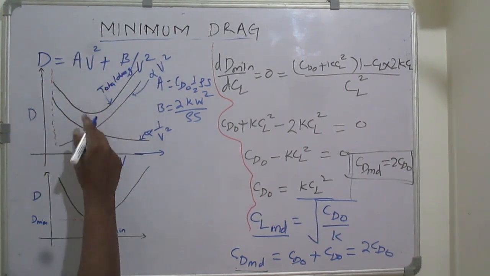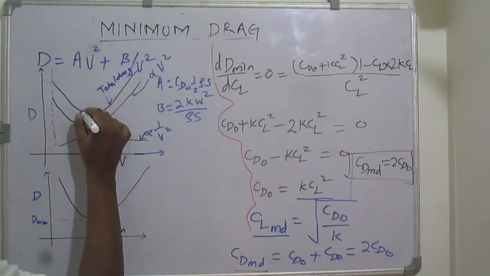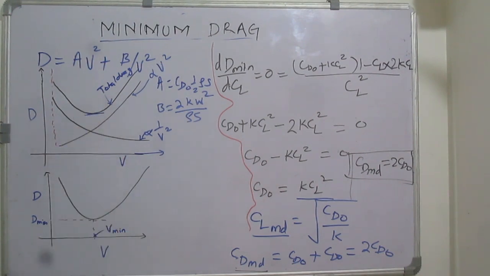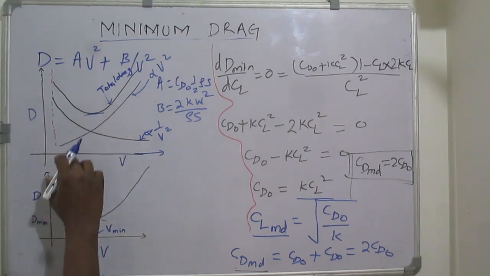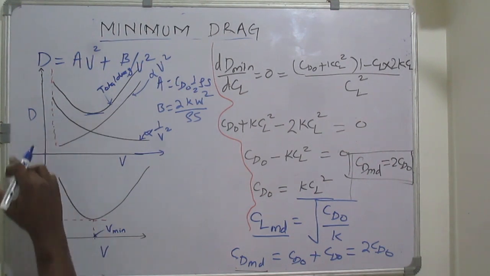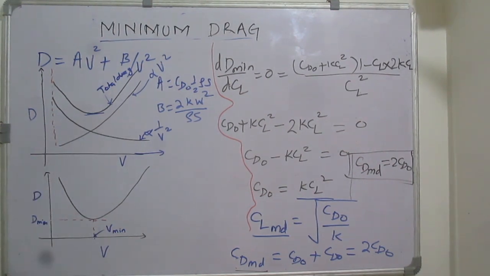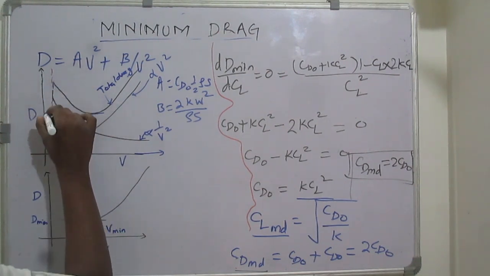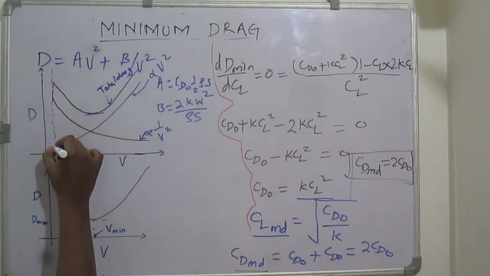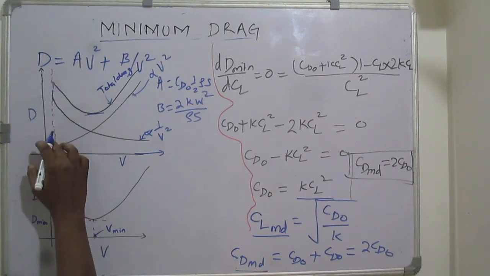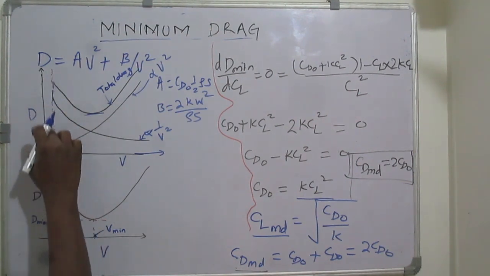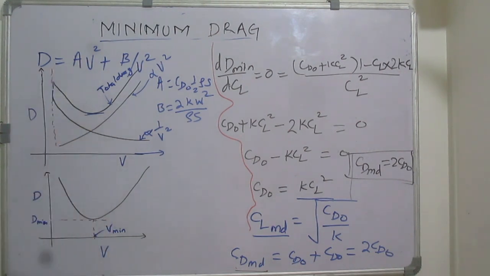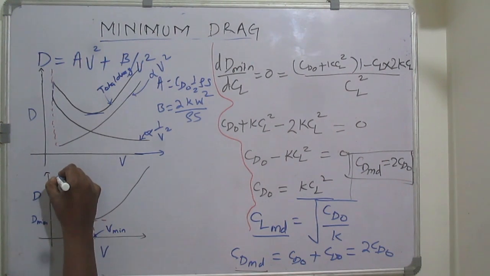The bottommost part of the total drag curve represents the velocity for minimum drag, and this edge line, from this point to this point, represents the stalling velocity.